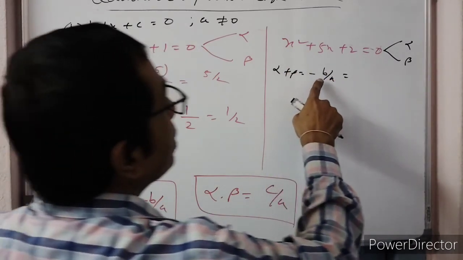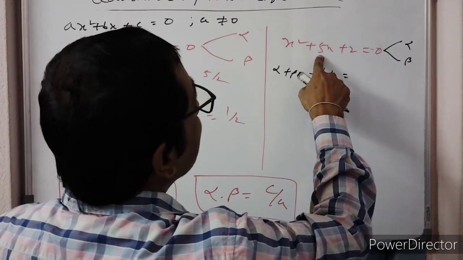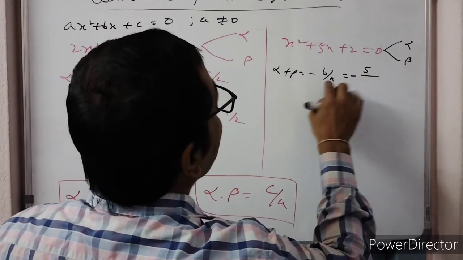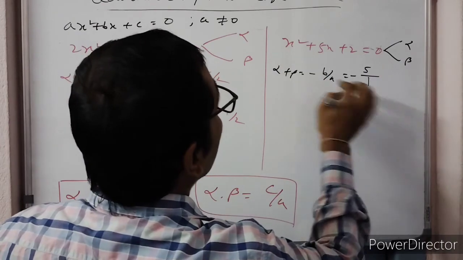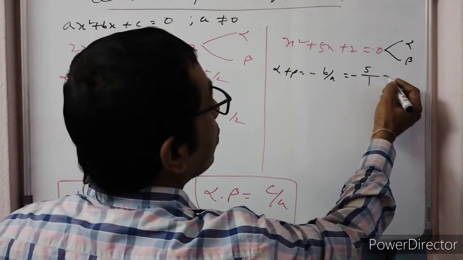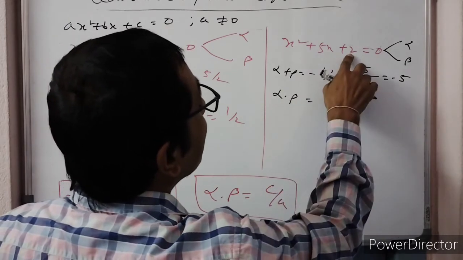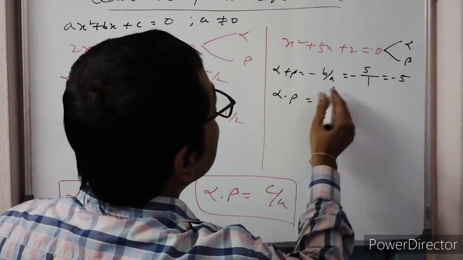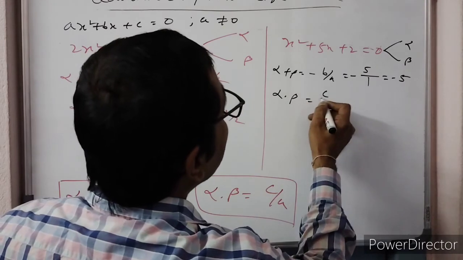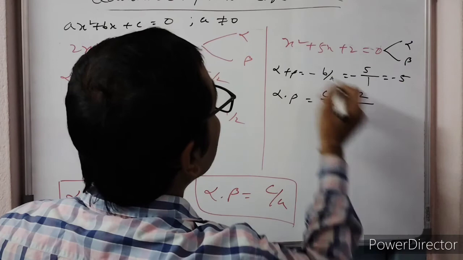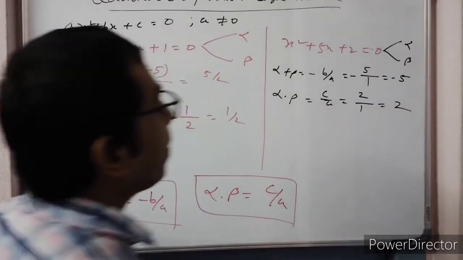B is 5 and the coefficient of x square is 1, so it will be minus 5. And the product of the roots alpha into beta equals c by a, c is 2 and a is 1, equal to 2.